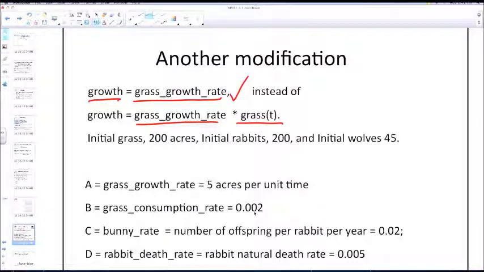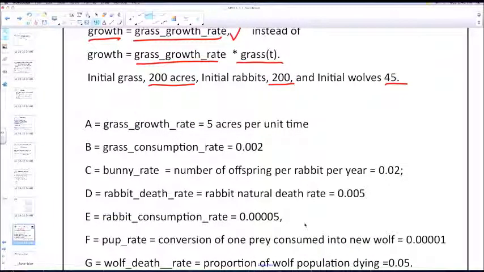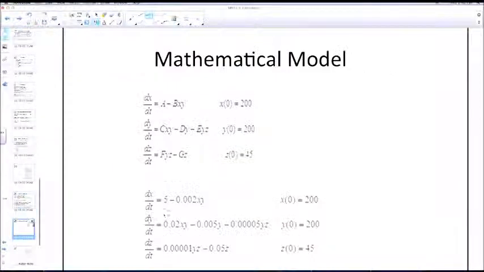And then our initial condition, we have 200 acres of grass and 200 rabbits and 45 wolves. And then we have all these 7 parameters. So what's the difference from the previous one? Just one line of difference.